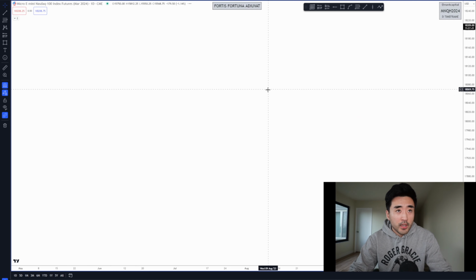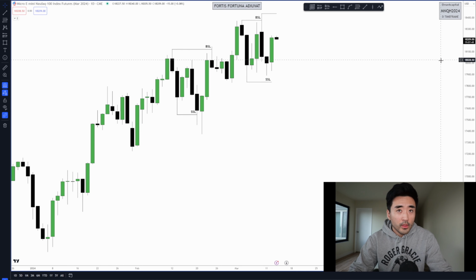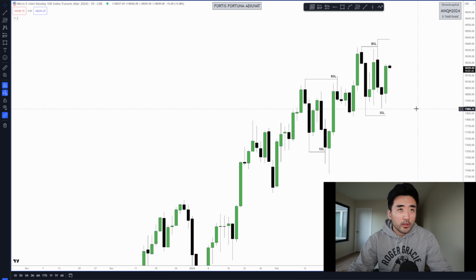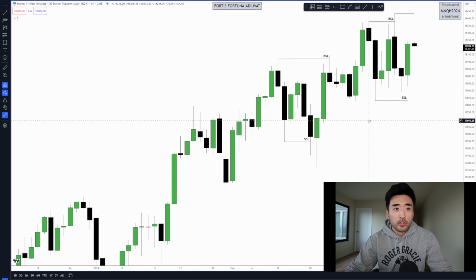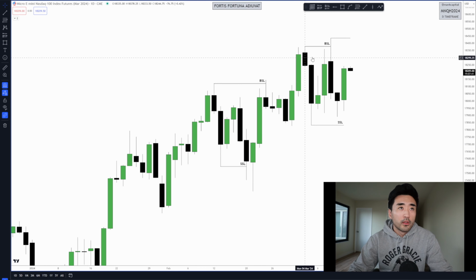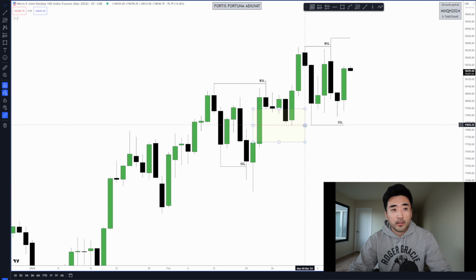So on a higher time frame, you can go and look at fair value gaps that are created and use these as another guiding light to understand where price could potentially want to go.